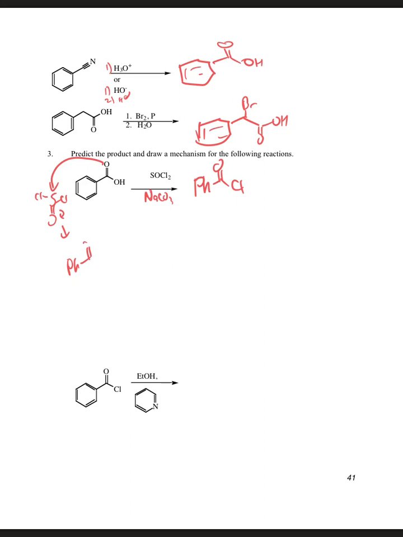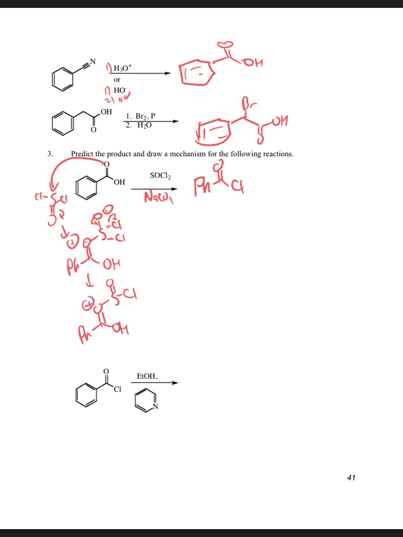That gives us a double bond, a single bond to the sulfur, a single bond to the oxygen with two chlorines off of it, and the OH of our acid with a positive charge on the oxygen. We can reform the S=O double bond, kicking off the chlorine, which gives us this.